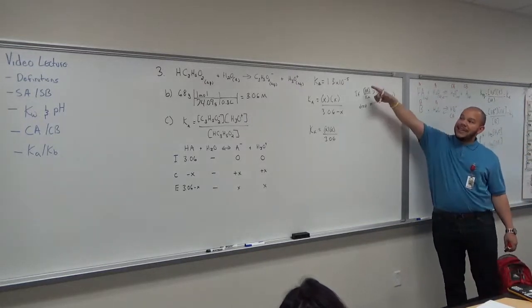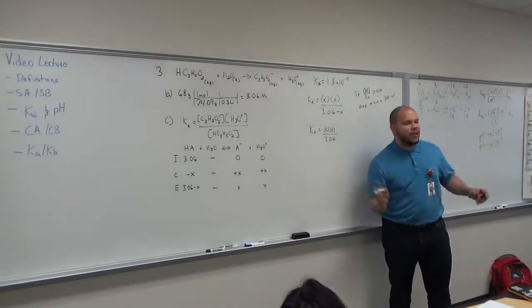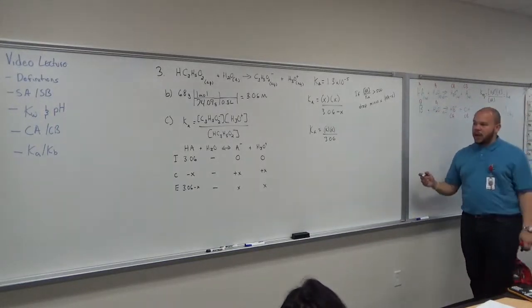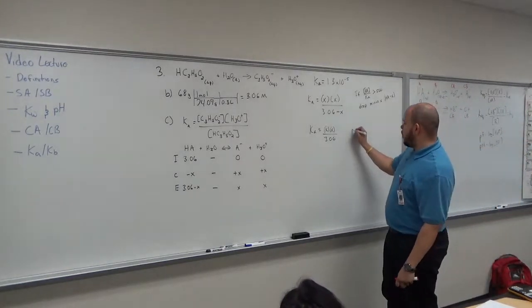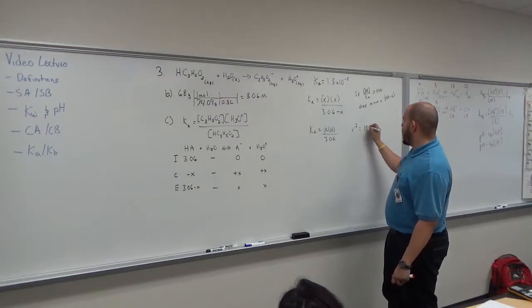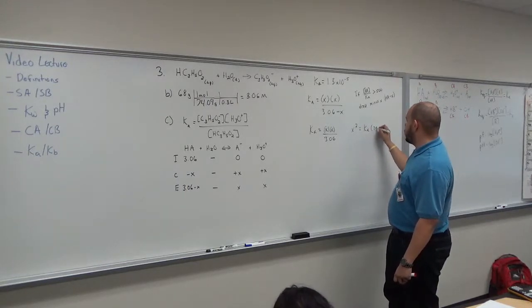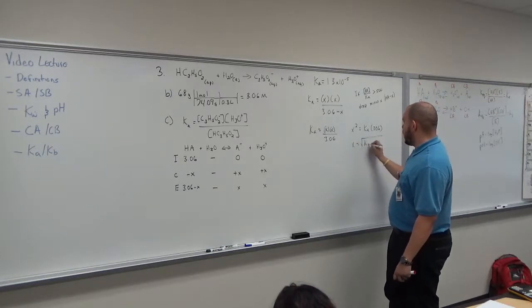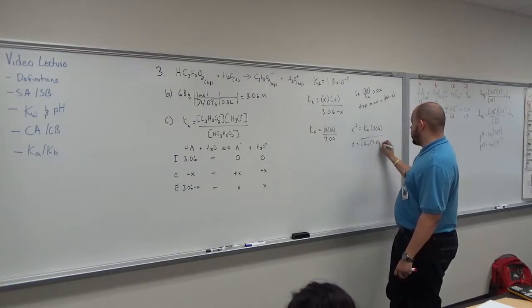And now, given our value, we can solve without having to do any quadratic. So it makes the math simple. Now we end up with X squared equals Ka times 3.06. Therefore, X is equal to the square root of Ka times 3.06.